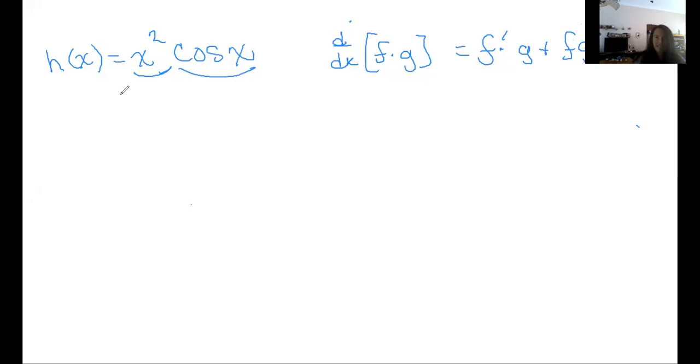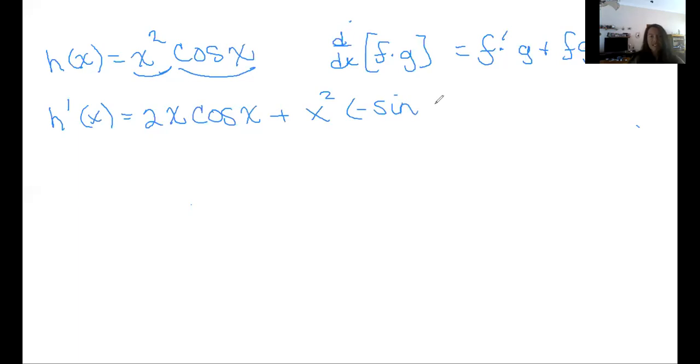So in this case, the derivative is equal to 2x times cosine x, leaving that one alone, plus, now leaving the first one alone and taking the derivative of the second one, which is negative sine of x. I'll write that nicer: 2x cosine x minus x squared sine x.